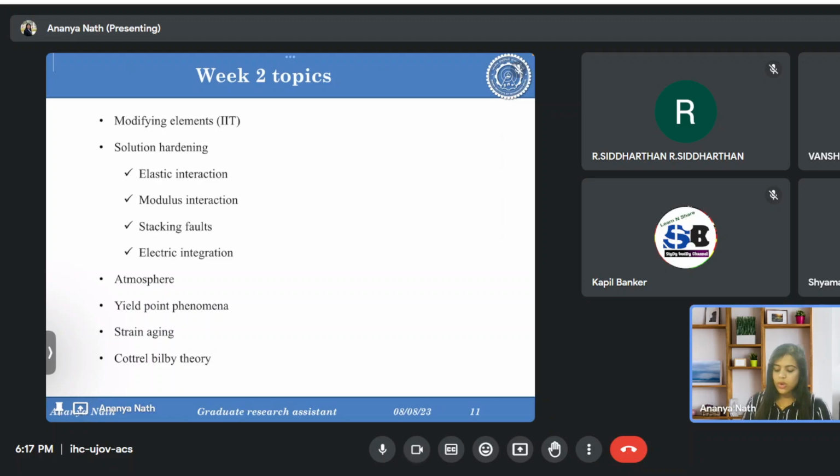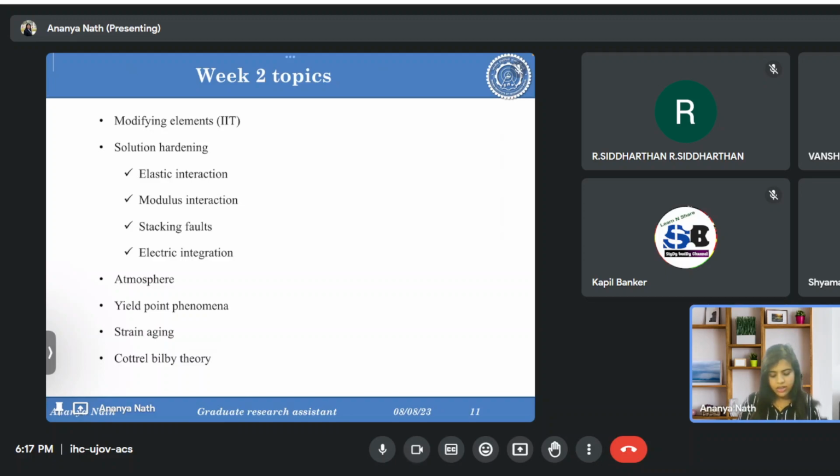Then we got to know about the atmosphere, due to the different short range ordering, then clustering, long range ordering, then superlattice, then antiphase boundaries.